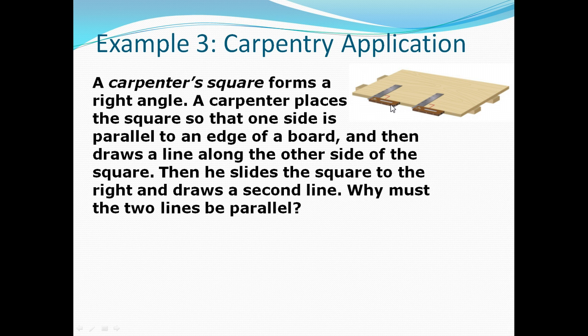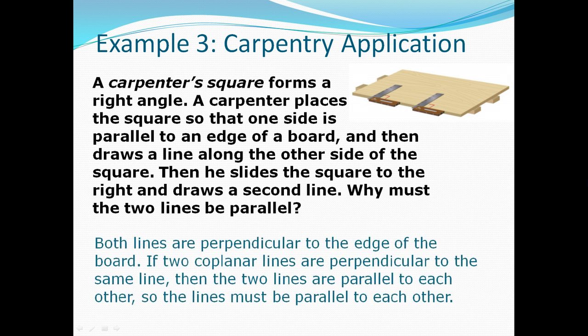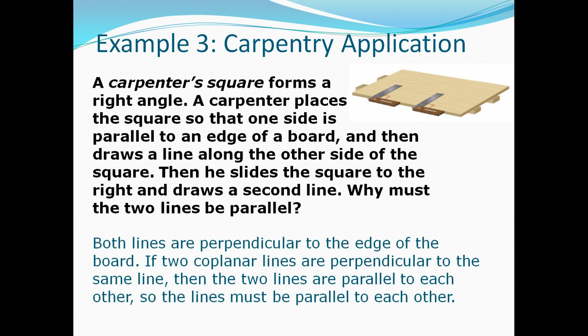Both of these carpenter squares are hitting the board at right angles, and it's the same line. So that must mean, since these make right angles, that these are parallel lines. Both lines are perpendicular to the edge of the board. If two coplanar lines are perpendicular to the same line, then the two lines are parallel to each other. So the lines must be parallel.